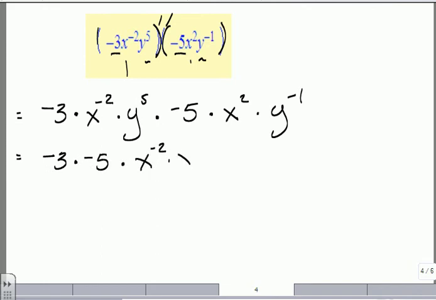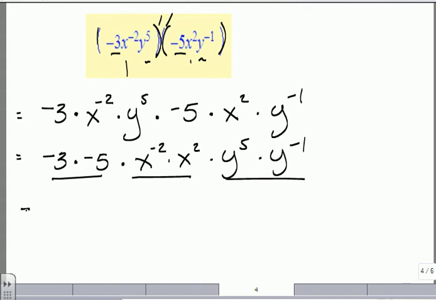Now we're going to simplify the like guys by multiplying them. So -3 times the -5, those are just regular old numbers, so you multiply them like you know how. We would get a positive 15. For the x's, we're multiplying same bases, right? When we multiply the same bases, our base in the answer is going to be the same thing, x. So what do we do when we multiply? We add the exponents.